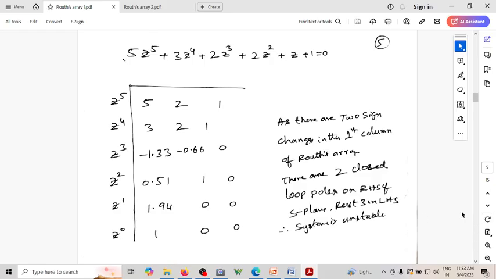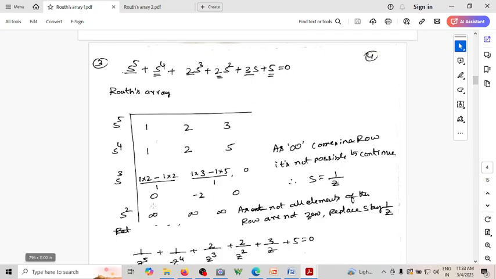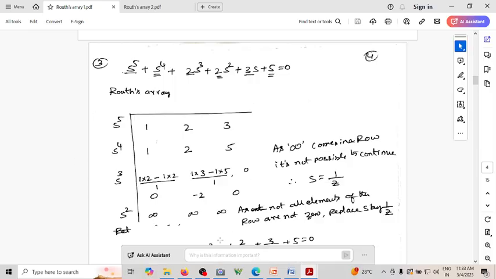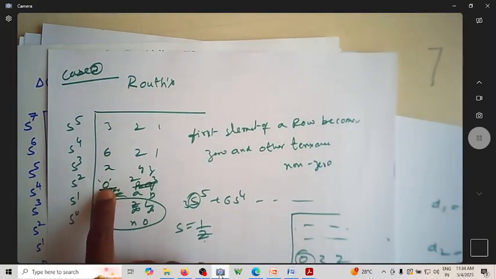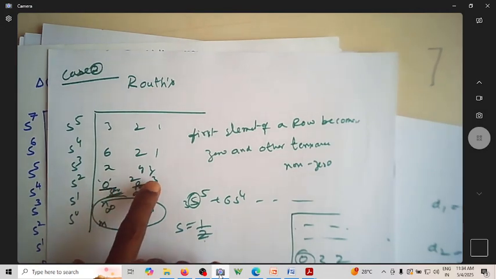That's how, if the first element becomes 0, then you have to replace s by 1 by z. So that was our second case, where we replace this. If I go back to our second case, this is how we got 0, minus 2, and 0.